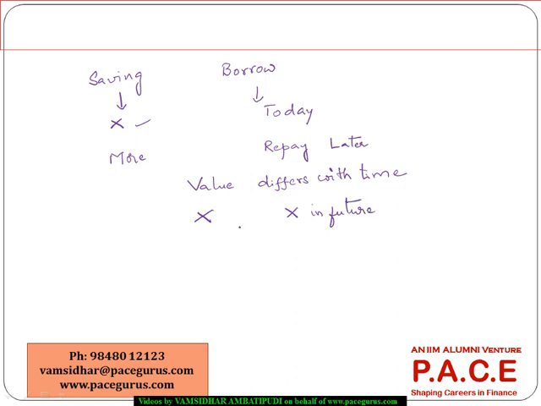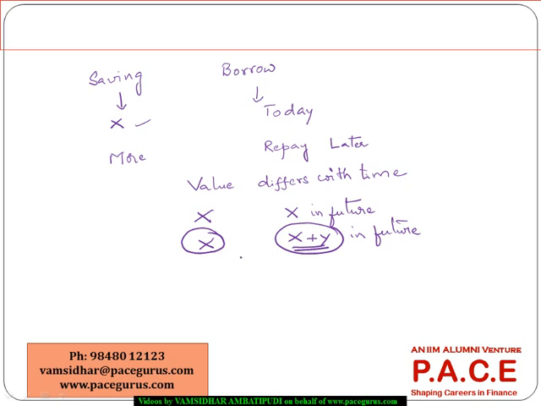The other way of looking at it is, the X of today should be equivalent to X plus Y in future. So a larger amount at a future date is equal to a slightly smaller amount as of today, right?